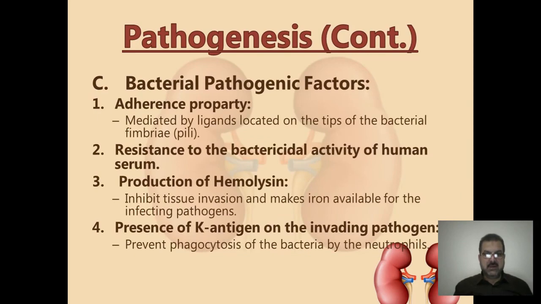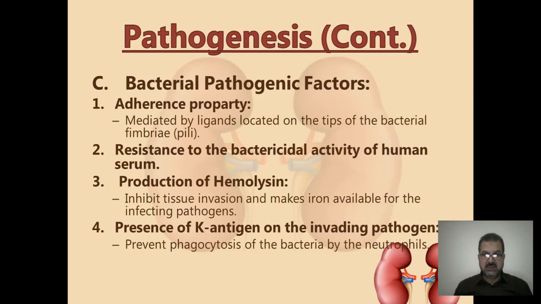Bacterial pathogenic factors: adherence, usually the bacterial adherence property is mediated by ligands located at the tips of the fimbriae. There is resistance to the bactericidal activity of human serum.